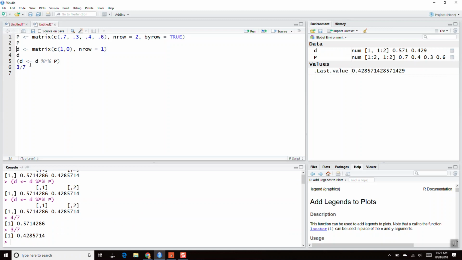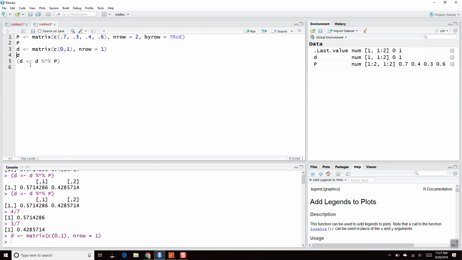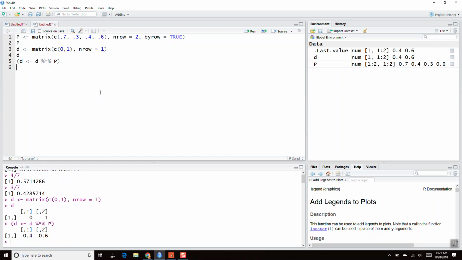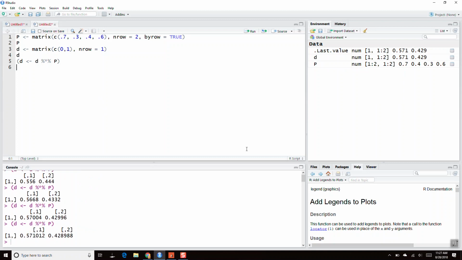I can start off with a different initial configuration. I can start off with everyone at state B, so I can start off with 0 and 1, and I can apply the transition matrix P. After one step, I will be at 0.4 and 0.6. Then after 2 steps, it becomes this. After 3, and we can see again we reach a point of convergence here.